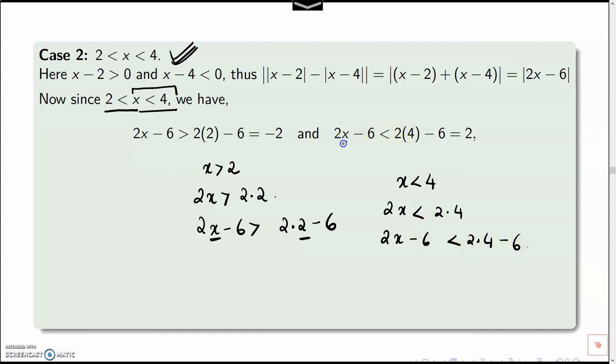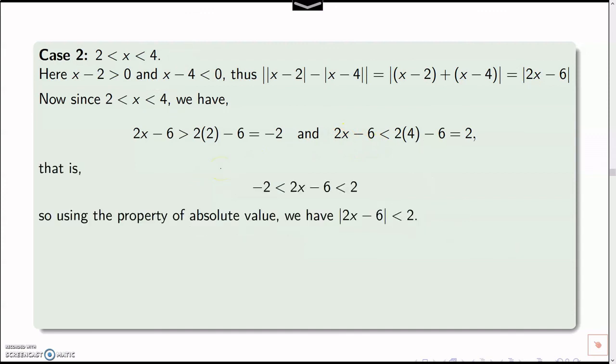That is coming because x is strictly less than 4. So I replace x by 4. The resulting output that you are getting here will be bigger than this because 4 is bigger than x. And this is 8 minus 6, that's 2. That means 2x minus 6 lies between minus 2 and 2.